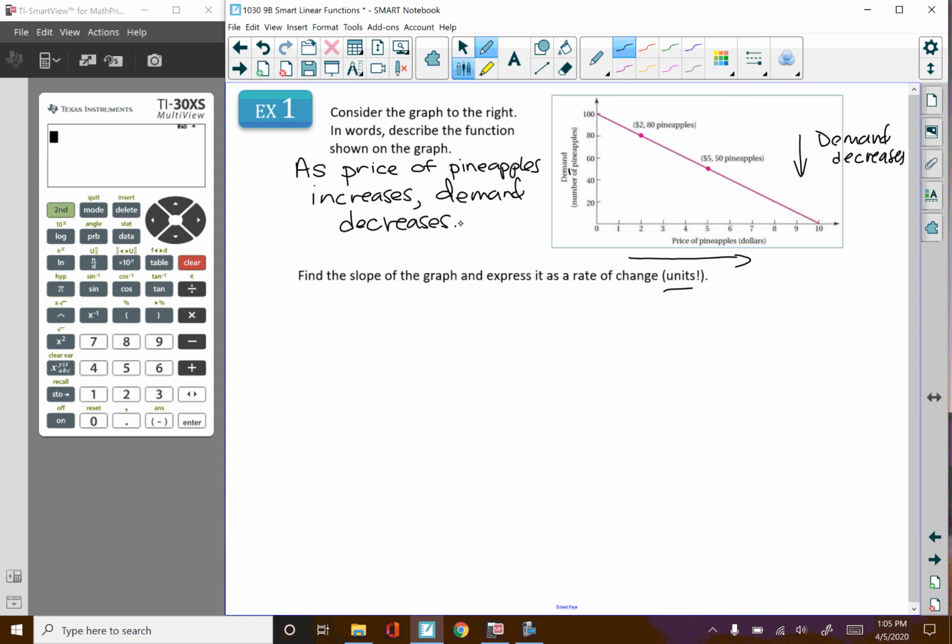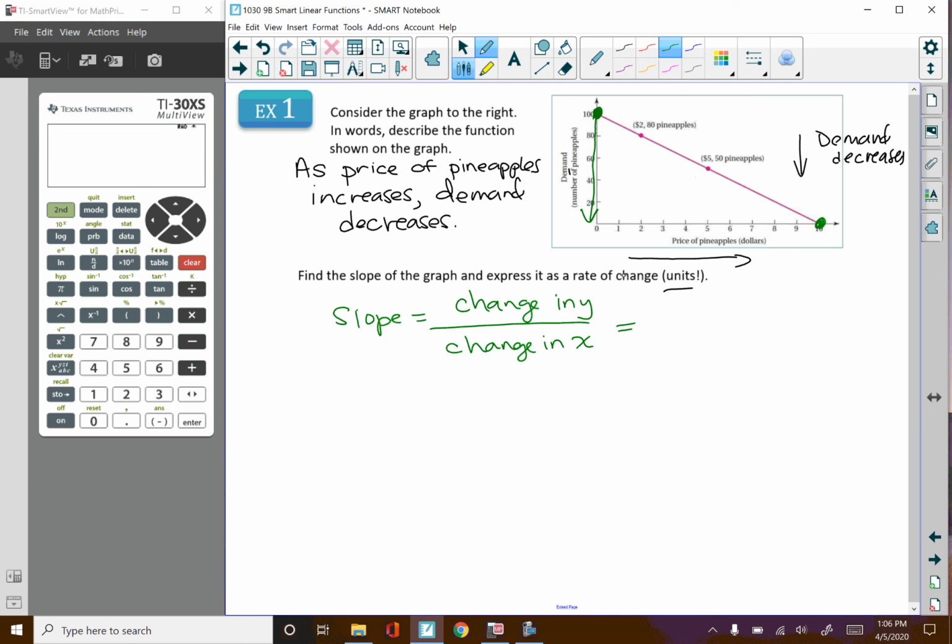So we need to find the slope of the graph. If we think about slope as the change in the y variable divided by the change in the x variable, on this graph, even though it has a couple of points marked, I'm going to just go ahead and use the intercepts because those are probably the easiest two points to use. The demand started out at 100 and it went down to 0.